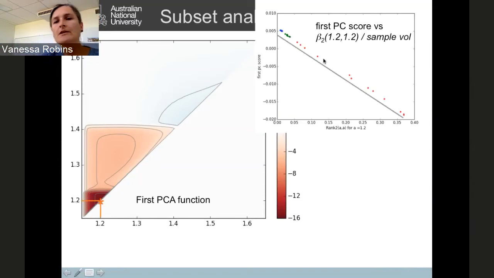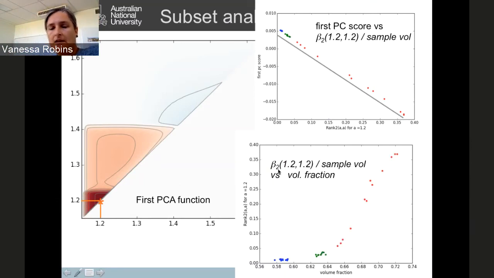So if we plot the first principal component score against the rank function at 1.2, this is really the second Betti number of the alpha shape formed at radius 1.2. It's a very simple geometric thing, and we're seeing that this single quantity, Betti 2 of the alpha shape at radius 1.2, has a pretty much linear correlation with that first PC score. That's pretty nice.